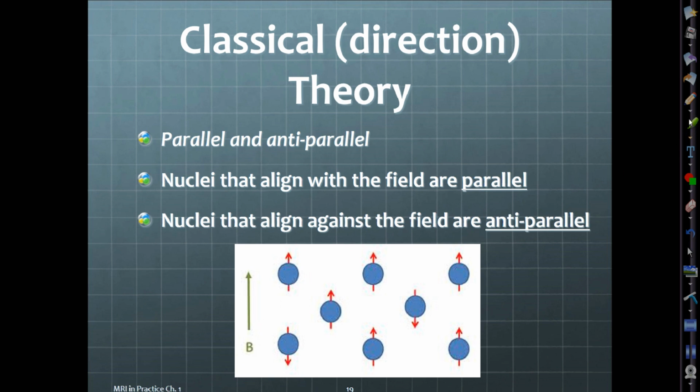Let's improve this little drawing and put a little 0 here. Once again, this is the static magnetic field. How would you describe this little vector? Parallel. Good. And this one right here? Anti-parallel. Good. So either with or against. There can be no oblique vectors.